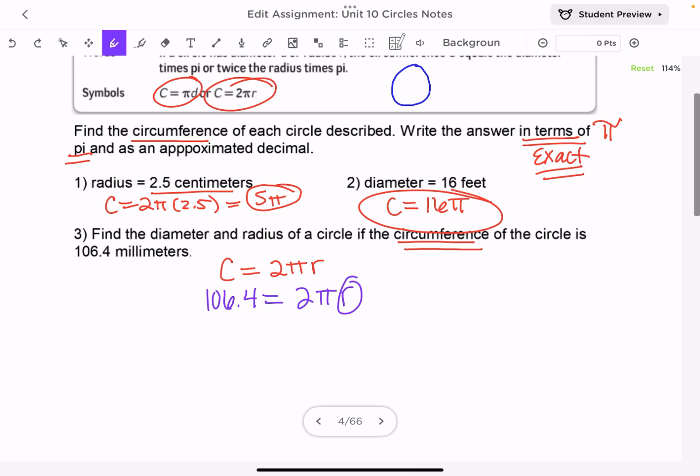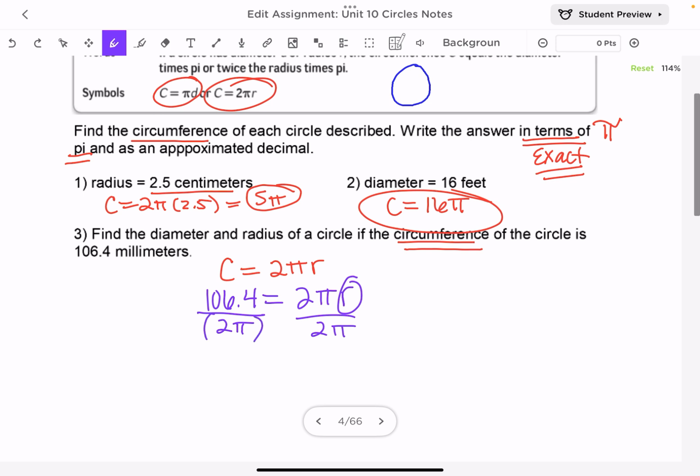So when I want to get the 2 and the pi off the r, I'm going to divide. And I might as well divide by both things at once. But here's the deal. If this is asking you to round at the end, you need to be putting that 2 pi in parentheses.